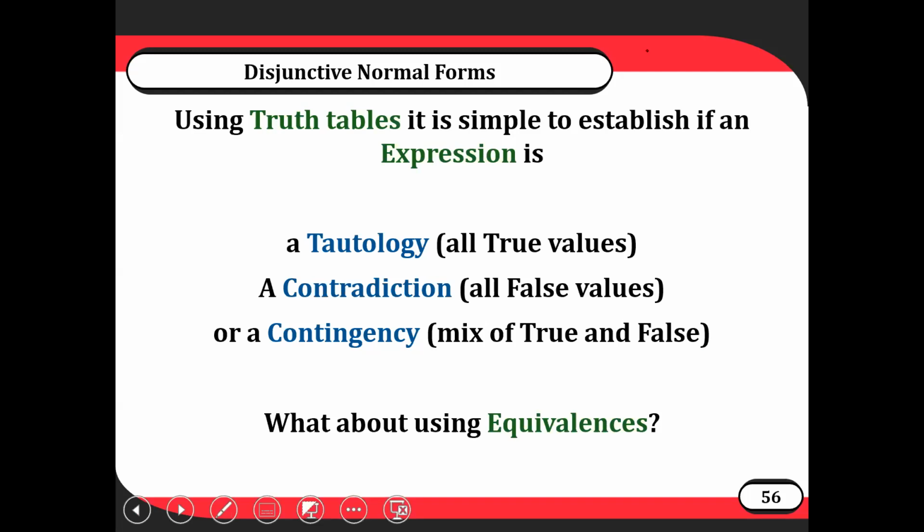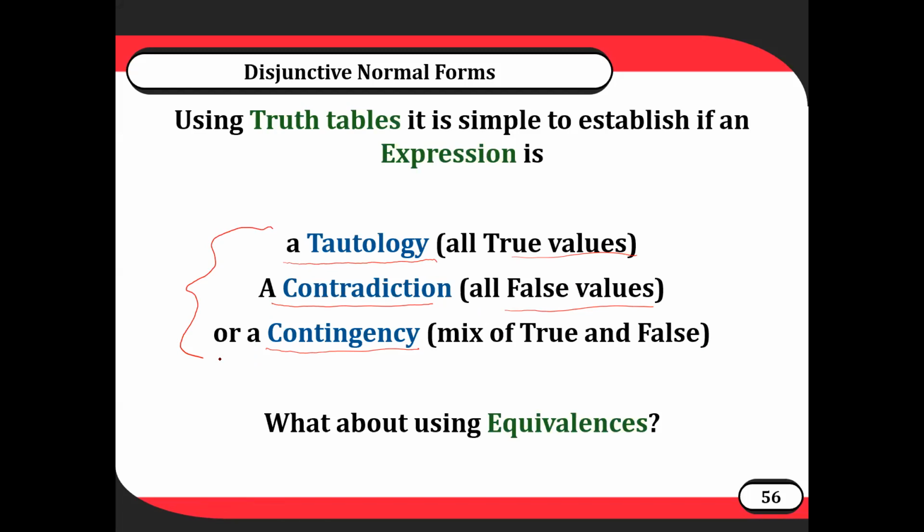All right. So using truth tables, we can establish a tautology, that's all true values, a contradiction, which is all false values, or a contingency. So given an expression, we write up a truth table, and I could tell you by looking at that truth table which one of these categories it falls under. But what if we're using equivalences?